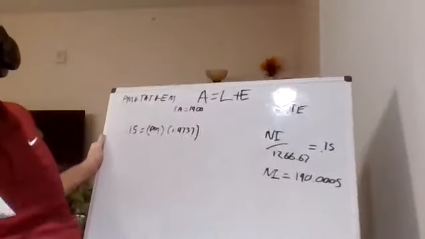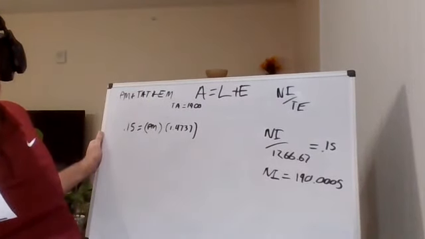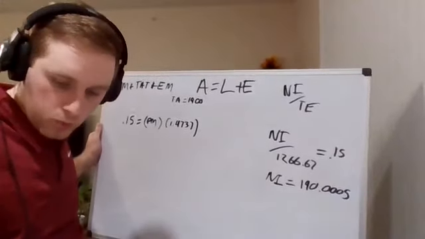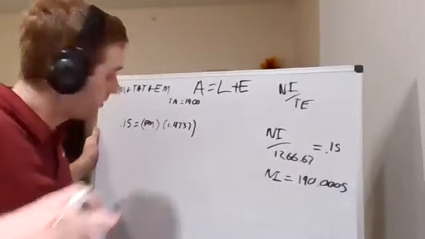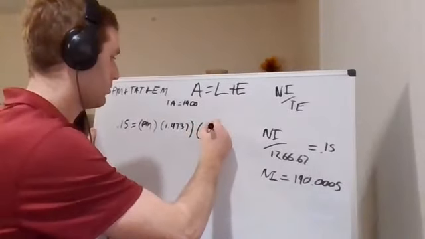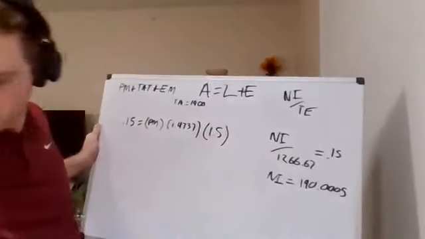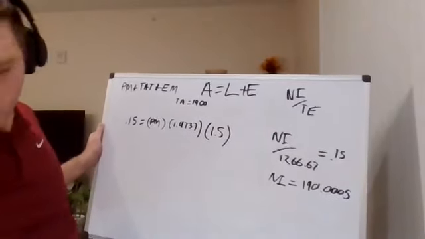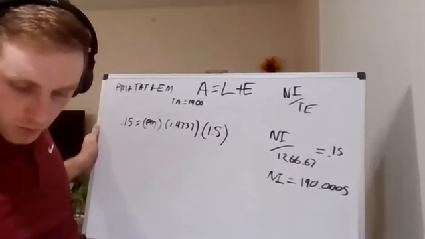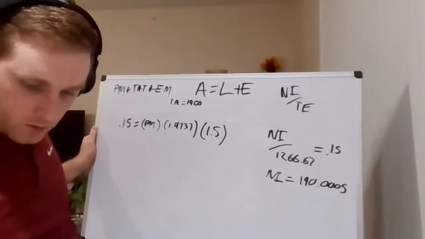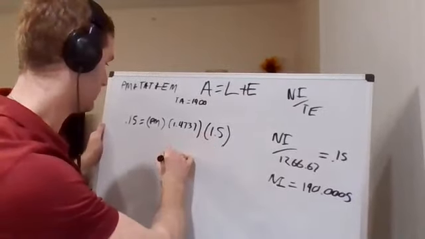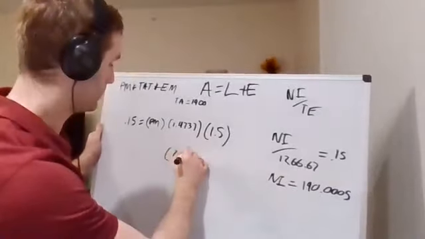Write down how I got this. When I multiply 1.4737 times our equity multiplier, which is 1.5, I get 1.4737 times 1.5 equals, these two will be 2.2106.